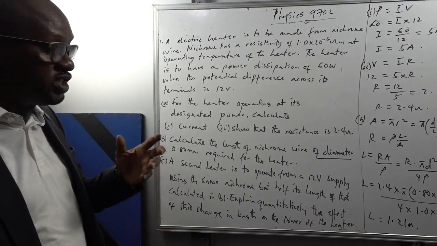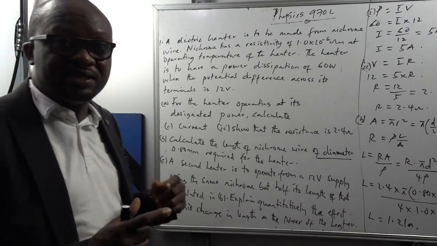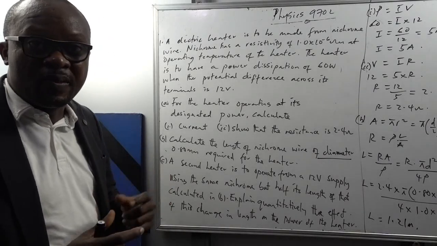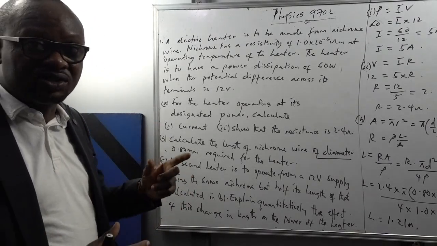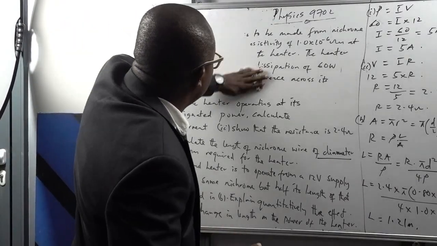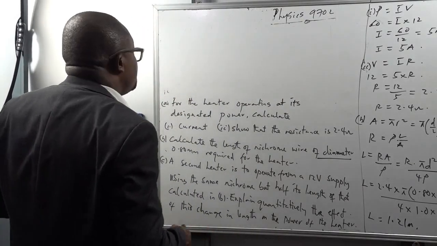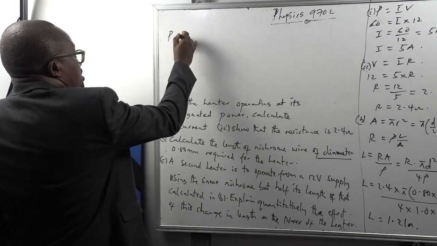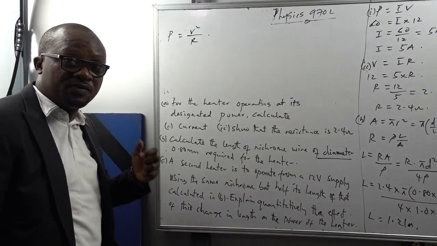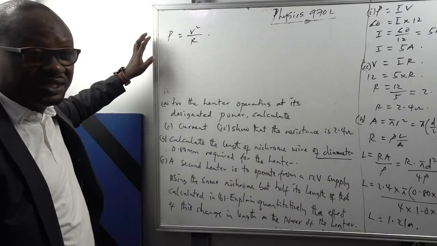And if you are comparing two variables, you have to have a constant. What is the constant in this case? The constant is the 12 volts, the voltage. So we need to use the relationship between power and resistance at constant voltage. What is that relationship? Power is equal to V squared over R. So from this relationship, we can see that power is inversely proportional to resistance at constant voltage.